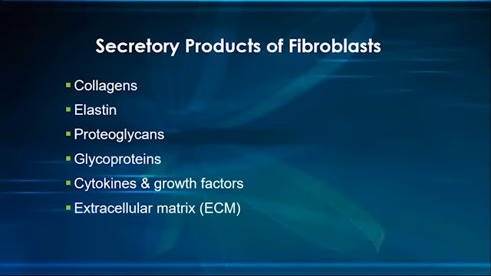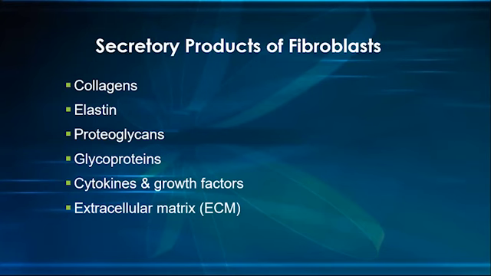And these are the different components that fibroblasts are involved in secreting. And all of these components are the components of the extracellular matrix. Okay? So if you are asked about the secretory products of fibroblasts, then obviously you can write all the components of the extracellular matrix: the collagen, elastin, proteoglycans, cytokines, growth factors, glycoproteins.